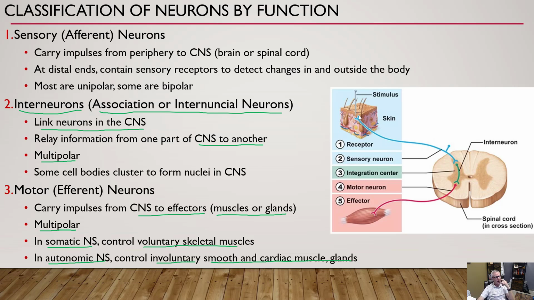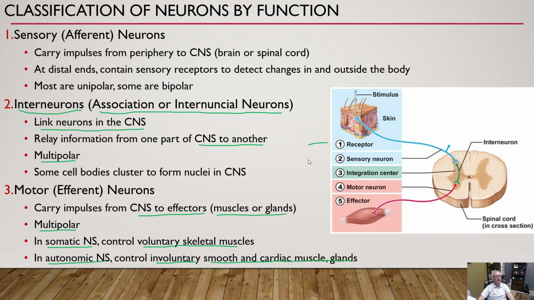And I put this diagram here. So this will be the pathway of a nerve, the pathway that you're going to have to memorize. So we have a receptor that is going to detect some sort of change.